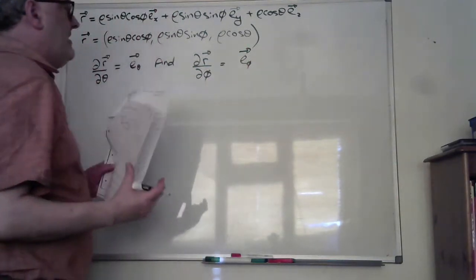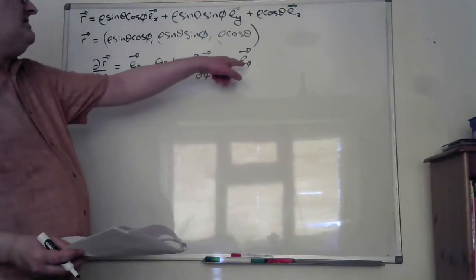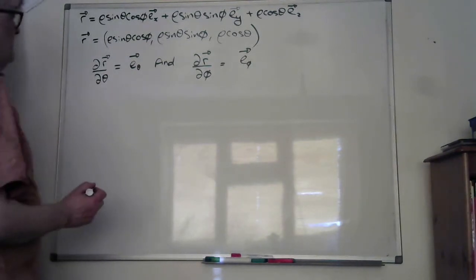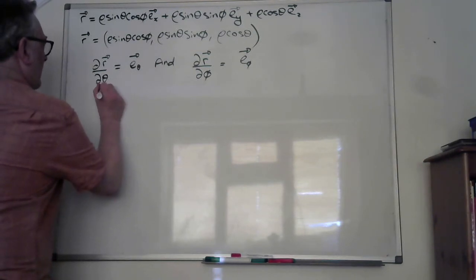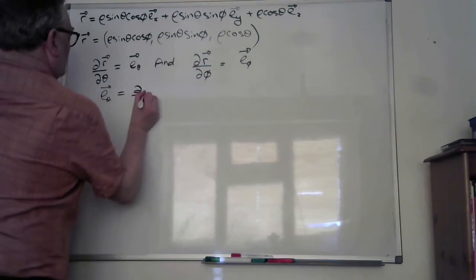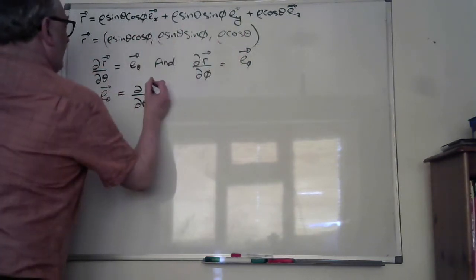So that would be like the polar basis vector in terms of phi. Now, to find e theta, we just differentiate with respect to theta all of this.